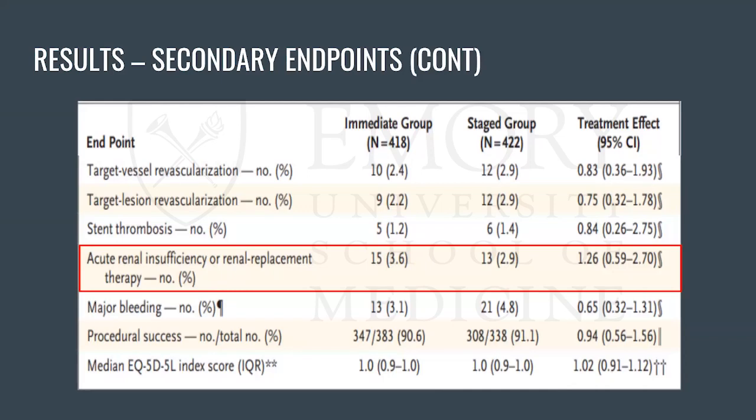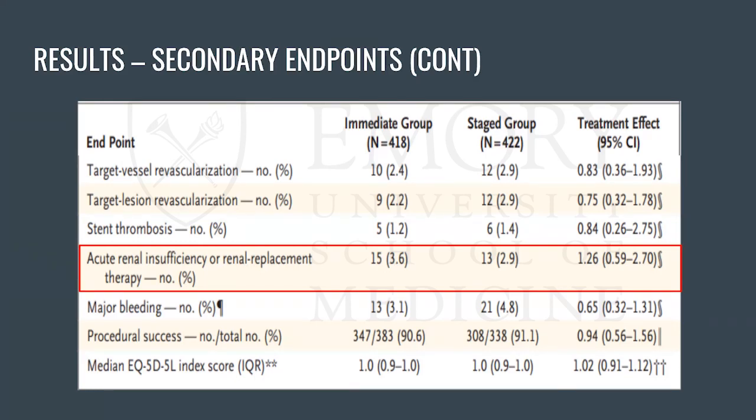And importantly, the other variables that they briefly mentioned were target vessel revascularization, lesion revascularization, stent thrombosis, acute renal insufficiency, major bleeding, and procedural success, which they defined as attainment of less than 20% residual diameter stenosis by visual assessment and either a TIMI flow 3 or 2 after the procedure.